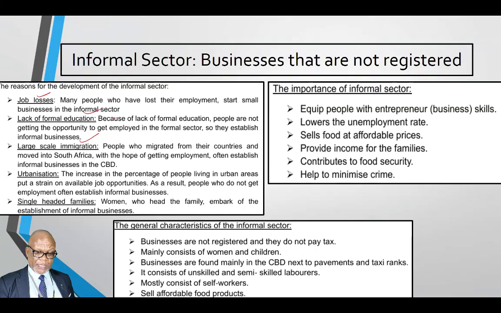Because of that, immigration results in people not getting formal jobs, and therefore they need a way to survive. Then urbanization, meaning the percentage of people living in urban areas has increased so much, and those people need to survive. And with single-headed families, people will find one way or the other to survive.